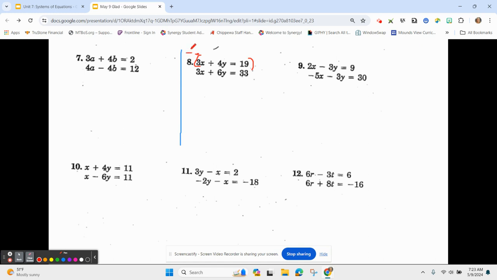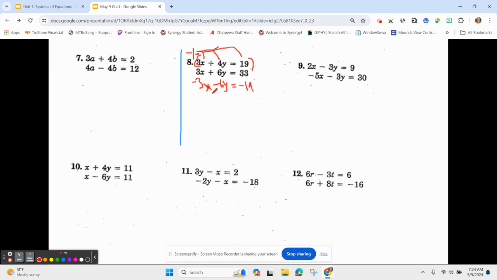To switch the sign, we just multiply everything times a -1. And so times -1, times -1, times -1. So I'm going to rewrite that equation as -3x minus 3y, yes, this is an x here, is equal to -19.